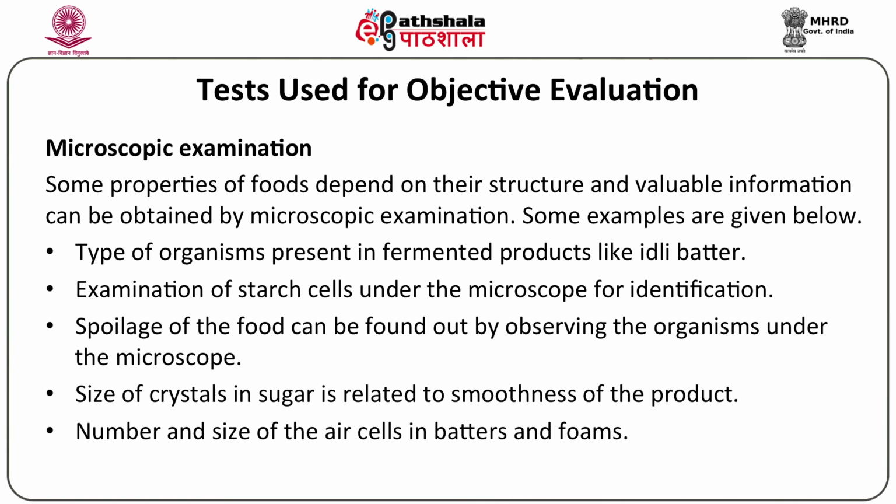The type of organisms present in fermented products like idli batter, examination of starch cells under the microscope for identification, spoilage of the food can be found out by observing the organisms under the microscope. Size of crystals in sugar is related to smoothness of the product. The number and size of the air cells in batters and foams can also be detected by microscopic examination.